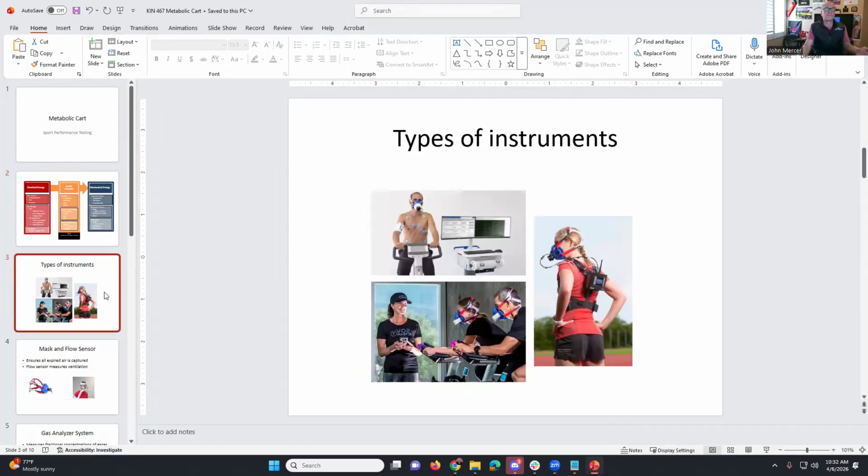The aerobic system obviously has to do with oxygen, and so we have these instruments available to measure the air that a person breathes in and exhales. Remember, air is oxygen, carbon dioxide, and other stuff.